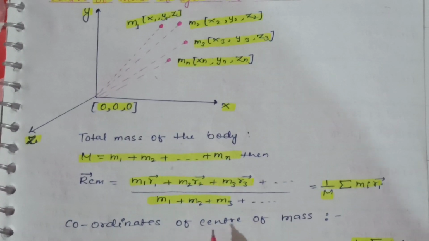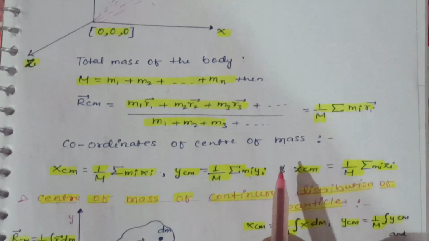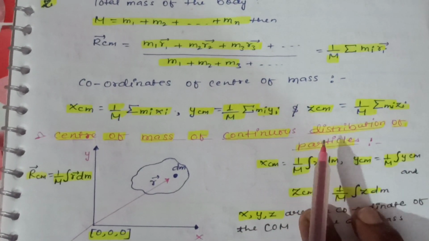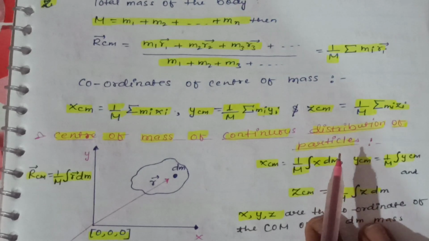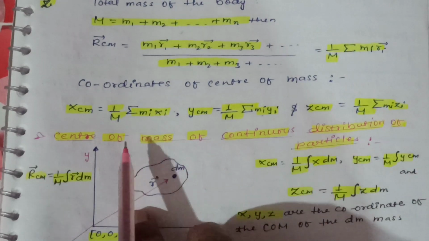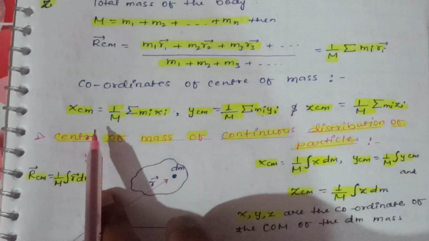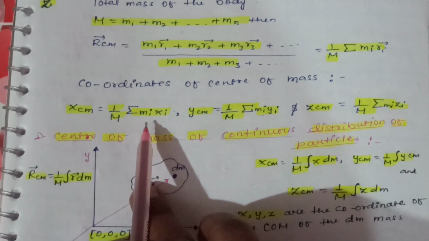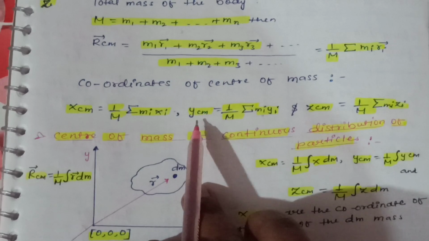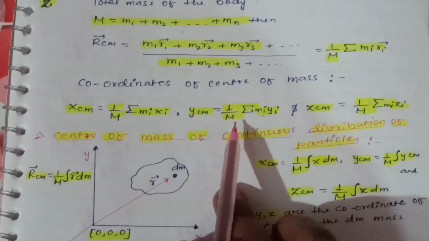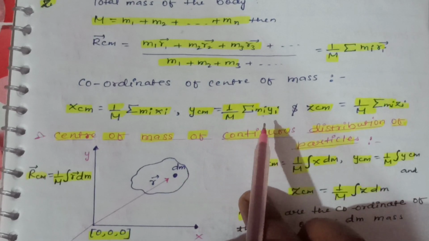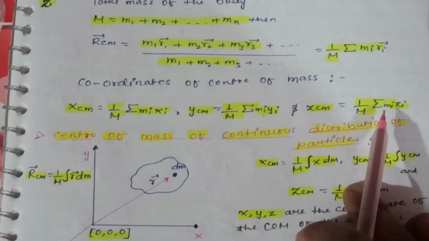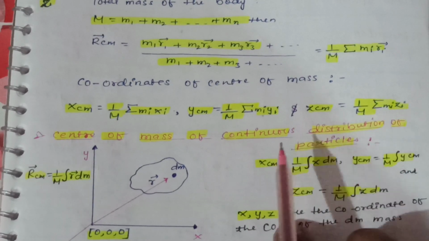Coordinates of center of mass: xcm is equal to 1 upon M summation mi xi, ycm is equal to 1 upon M summation mi yi, and zcm is equal to 1 upon M summation mi zi.